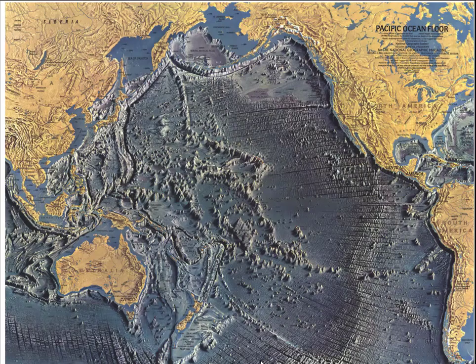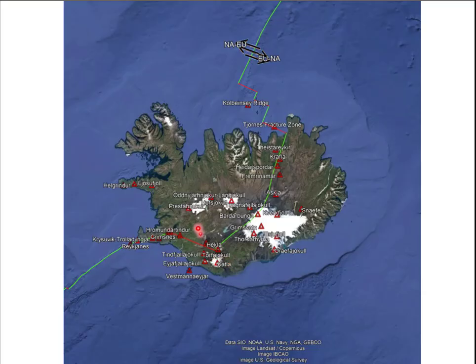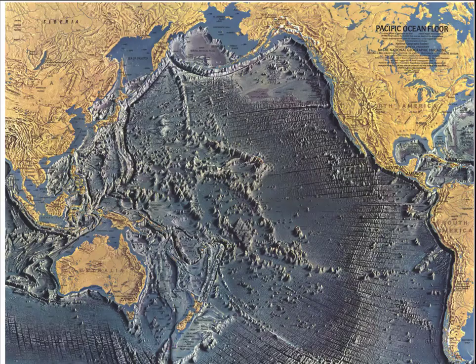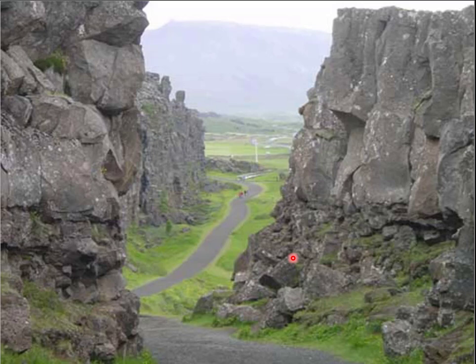Same thing's happening in the Pacific, though. There's the East Pacific Rise that comes up in here like this, and then kind of around like this. So let me go back one slide. Iceland here on the ground looks like that, right? This side is moving this way, and this side here is moving that way. I know we're looking north here, and so this side is geologically Europe and Asia.